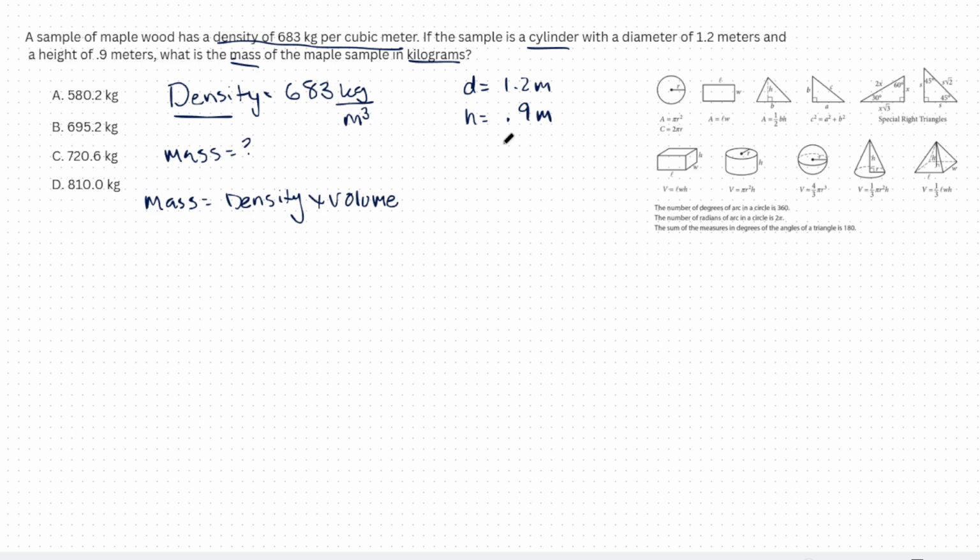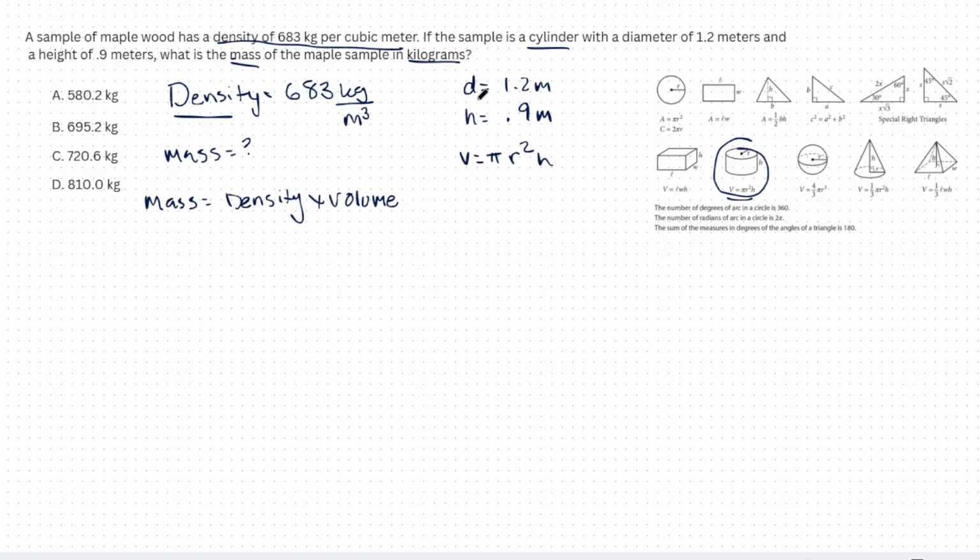Over here on our right is all the equations that you'll be given on the SAT math portion. We have a volume formula of a cylinder: its volume is equal to pi times radius squared times our height.